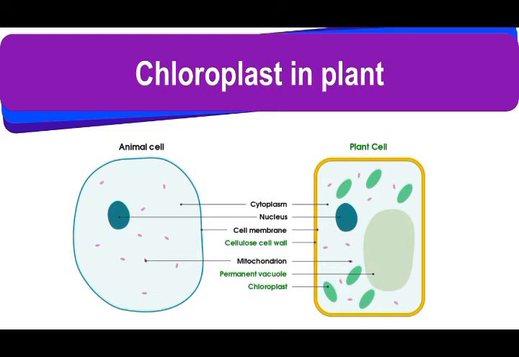Not all plant cells contain chloroplasts. So if there is a statement saying that animal cells don't have chloroplasts while plant cells have chloroplasts, it isn't a correct statement. We call it an incorrect statement because even among plant cells, not all have chloroplasts. Only the leaf cells of the plant contain chloroplasts.